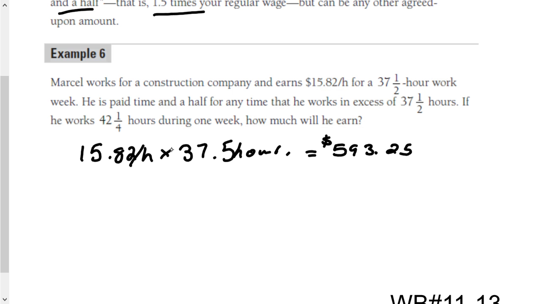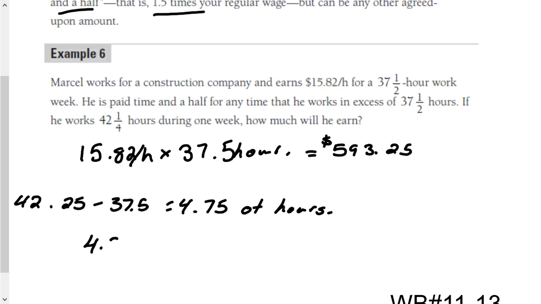So then what is left over, we go 42.25 minus 37 and a half is equal to 4.75 overtime hours. So I'm going to call that OT hours.